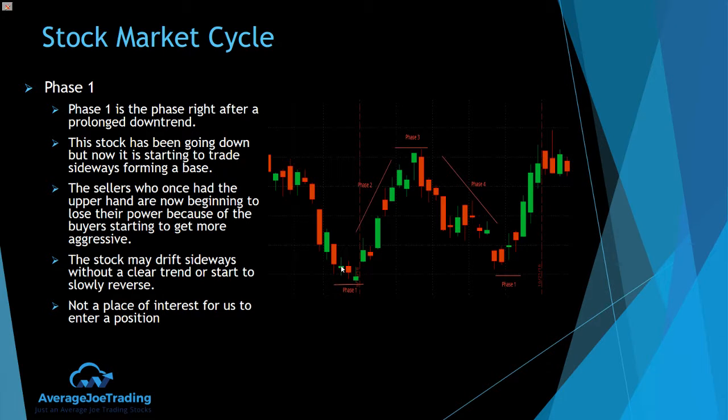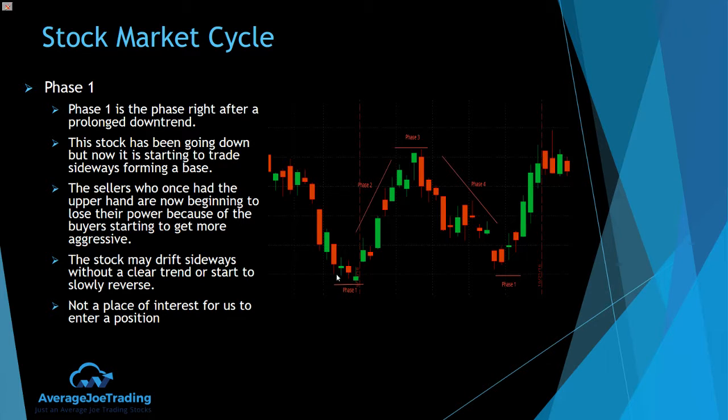Now, the range is about half of what the candles were in the downtrend. They're starting to tighten up. Once you get a stock to make a new high or open above the previous day's close, there's a possibility that you're going to start an uptrend and go into a new phase.